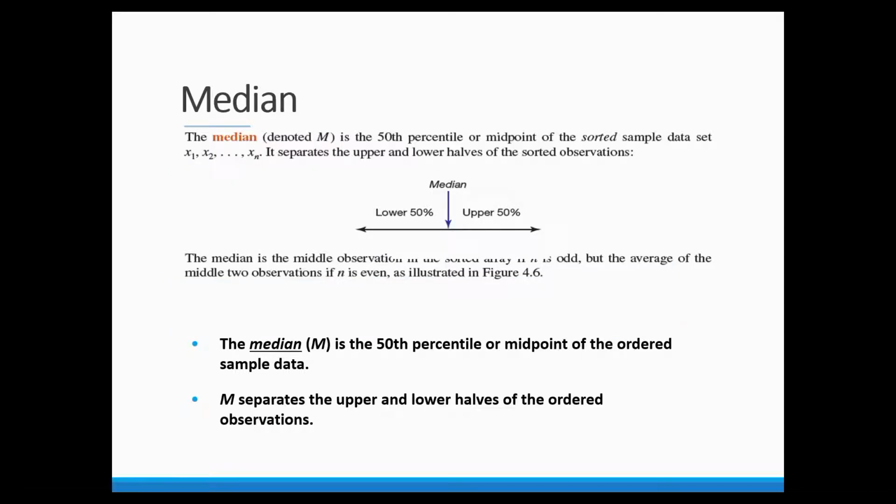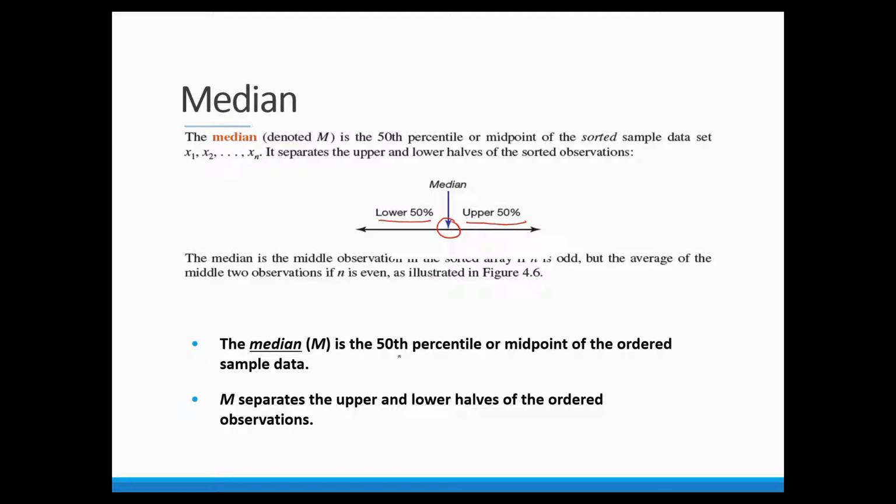The second measure of centrality is the median. Median refers to the midpoint when we sort our data. After sorting the data from smallest to largest, we try to find the midpoint, the point that divides our data set into 50% upper than this midpoint and 50% lower than this midpoint.